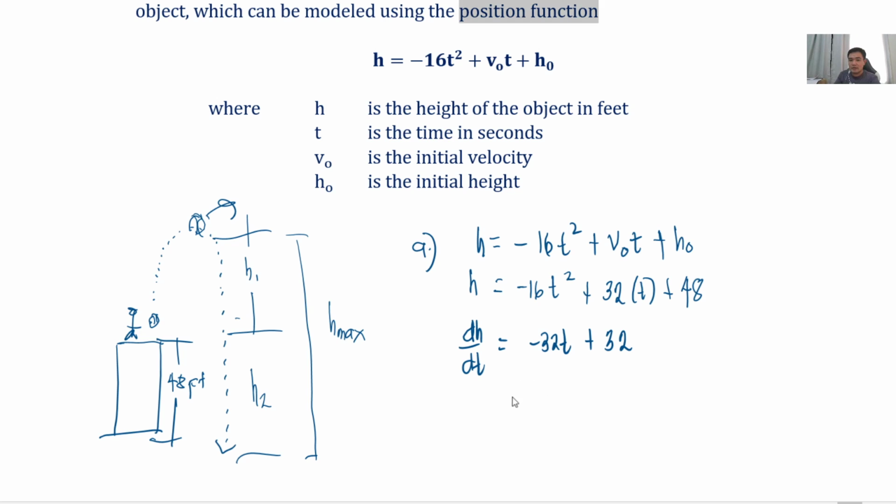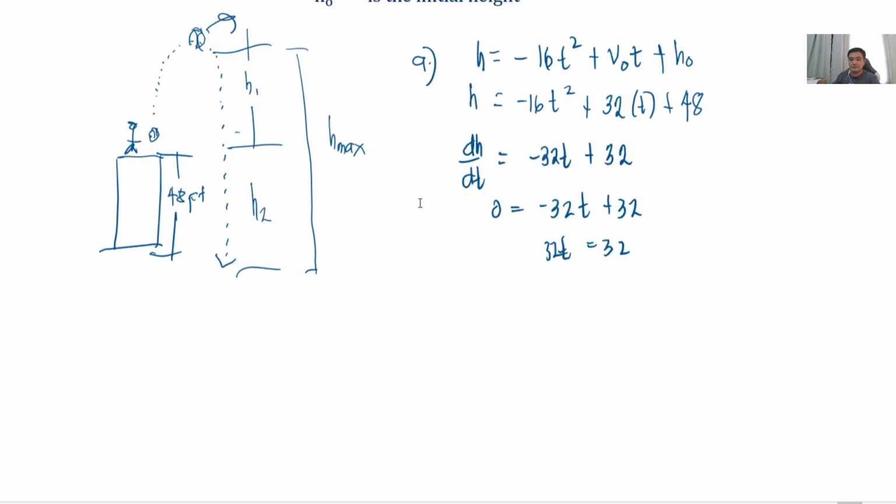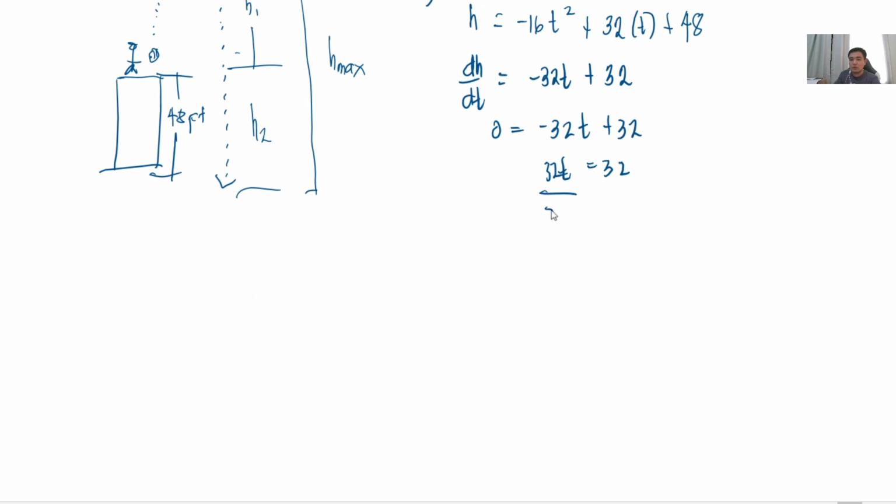Okay? So, becomes 0 equals negative 32t plus 32, or 32t is equal to 32. All over 32, all over 32, cancel, t now is equal to 1 second. That means, class, the ball will reach its maximum height after 1 second.